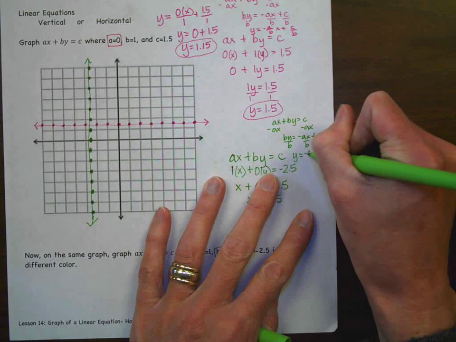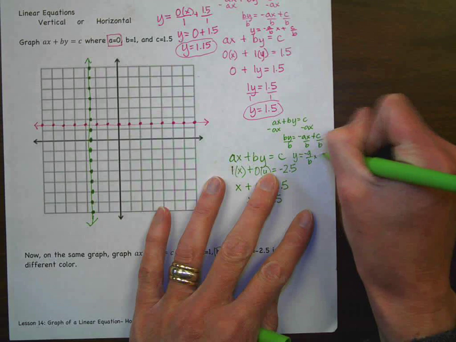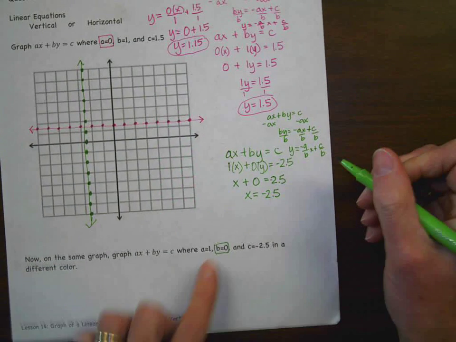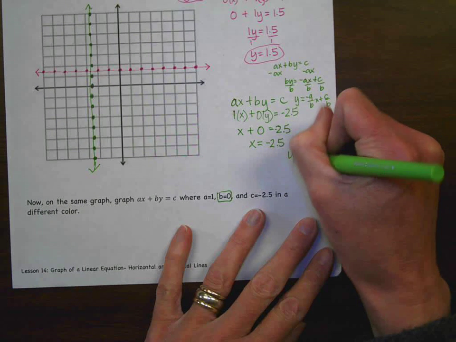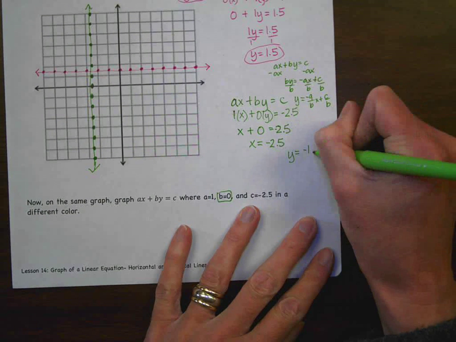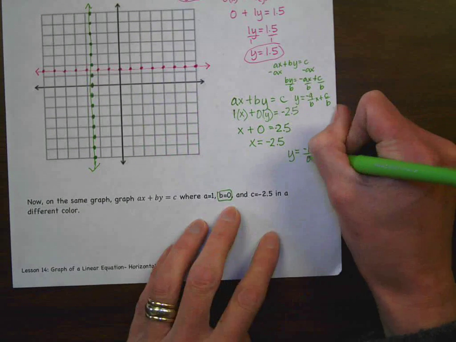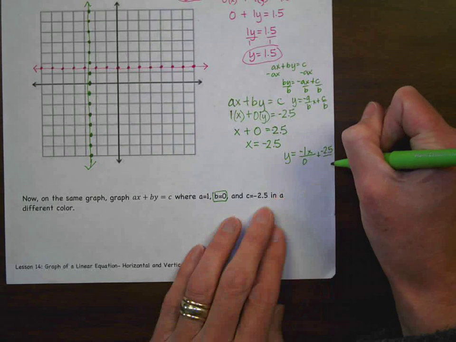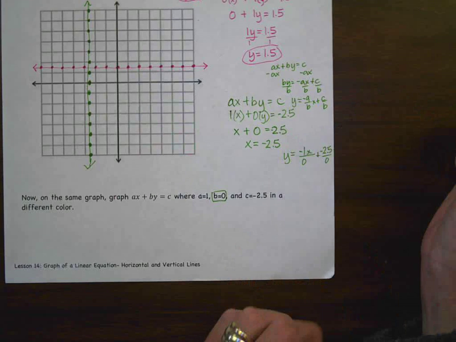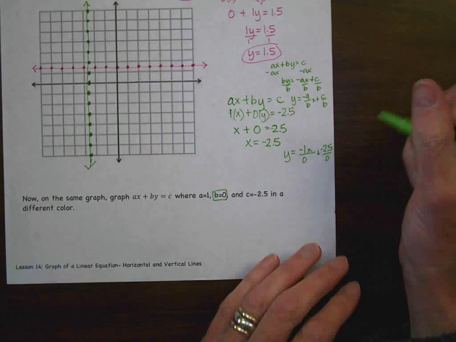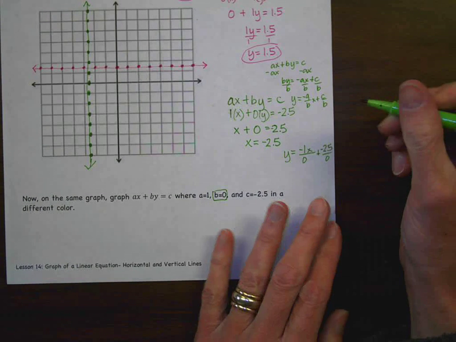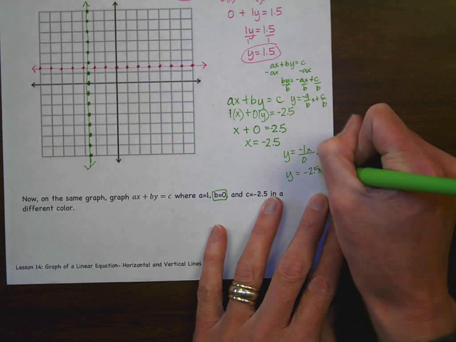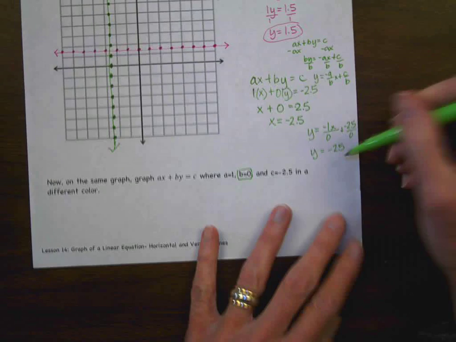So we get y equals negative a divided by b x plus c divided by b, and then put your values in, and this time it said that a was 1, so we would have y equals negative 1x divided by 0 plus negative 2.5 divided by 0.